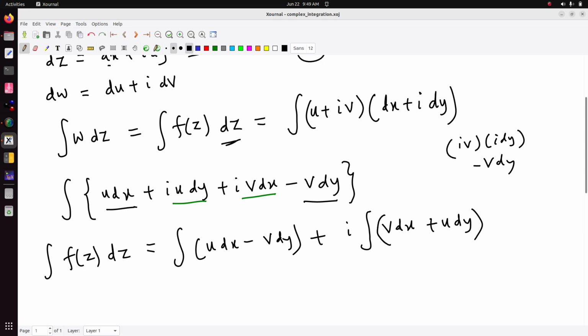Okay, so this integral now reduces to the integration of two real variables. So this is the first integration, and this is the second integration. So this is how we simplify the problem.